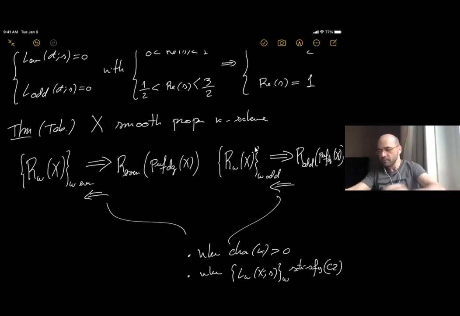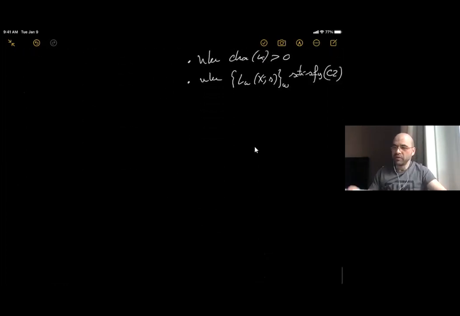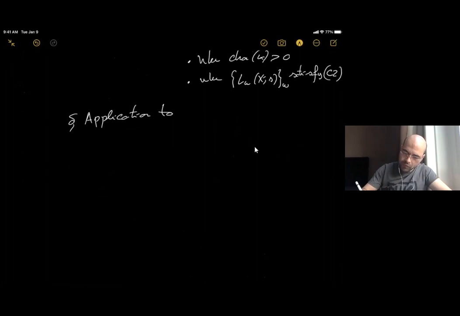Okay, so now, why is this useful? There are several applications. For the lack of time, let me just mention one application to commutative geometry and one to non-commutative geometry. So, an application to commutative geometry.